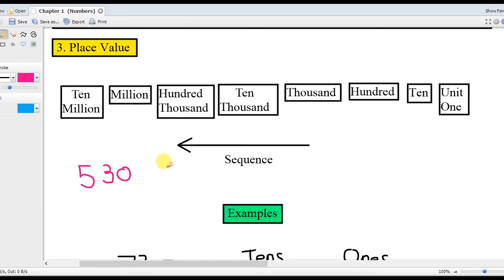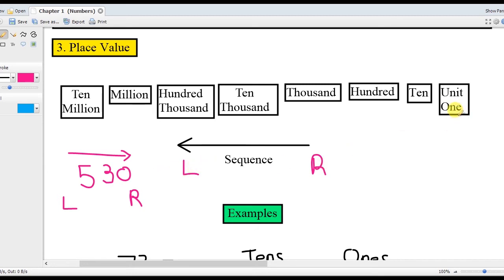You have noticed that I start writing it from the left side and end on the right side. So our sequence of writing the number is from left to right. But whenever we solve place value, we always have to start from the right side and keep on moving towards the left side. This is the thing that you need to keep in mind.